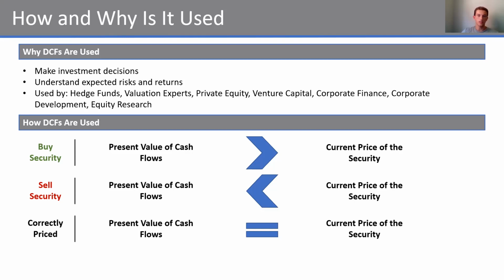Most short sellers don't do it just based on valuation, but some do. Another reason that it's used is to understand expected risks and returns. So you can see that the current discount rate for the cash flows that people are projecting is this. If you think that doesn't take into consideration all the risk, then you should sell it. Otherwise, you should buy it.